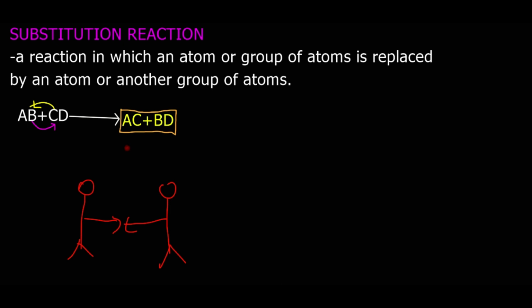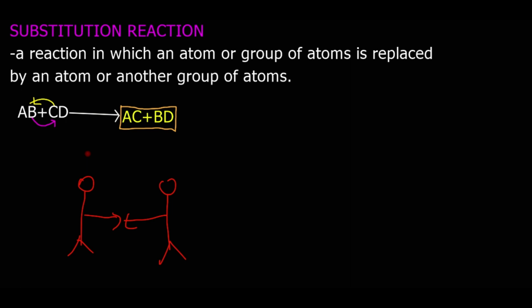So we're going to focus on two types of substitution reactions. And in this substitution reaction, the key thing is that we remove from a saturated compound into a saturated compound. Remember, a saturated compound has only single bonds, and an unsaturated compound has a double bond or triple bond.